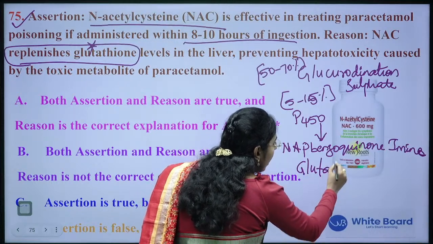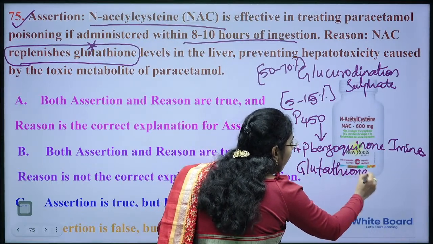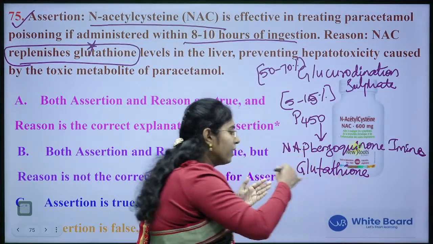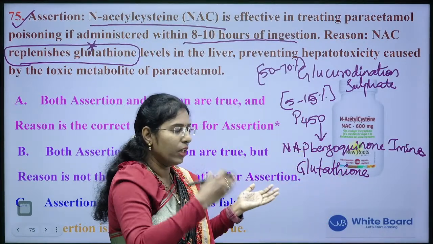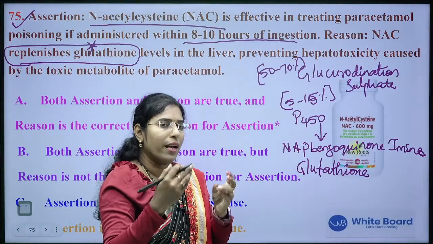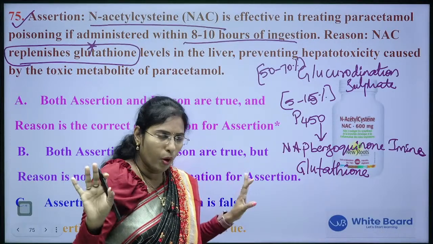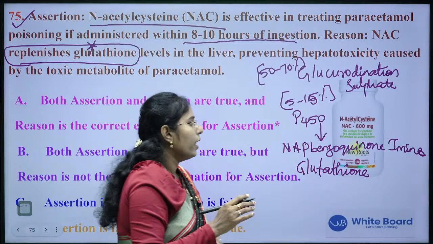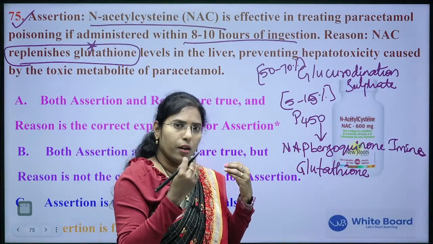So, this glutathione will bind to this one, conjugate, and finally get metabolized into cysteine, and finally it will be eliminated out of the body. Okay, done. But what is happening here if the glutathione is very less?